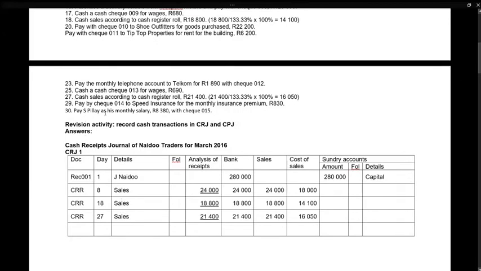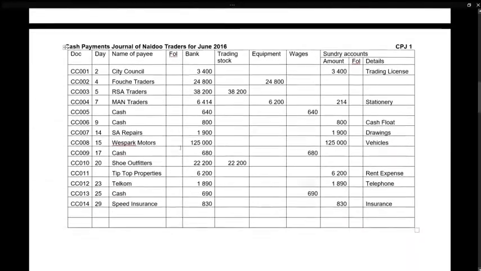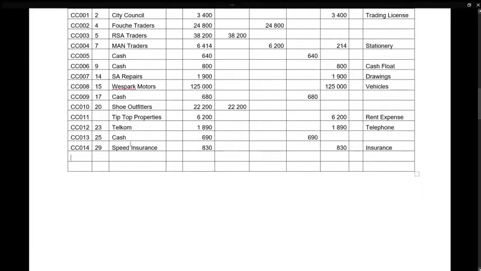Right. Next transaction took place on the 30th. Pay Espele his monthly salary, 8,380 Rand with check 015. So check counterfoil 015. This took place on the 30th. Who are we paying this money to? To Espele, an amount of 8,380 Rand.